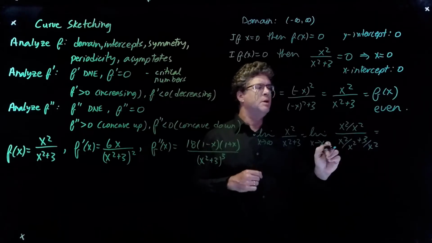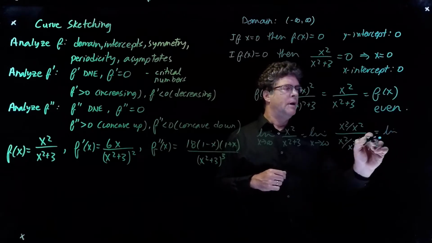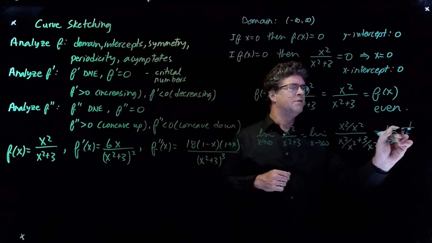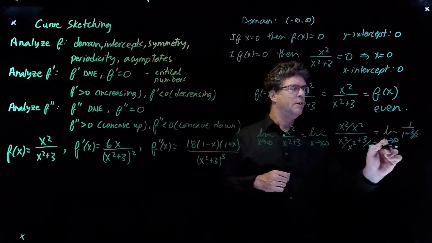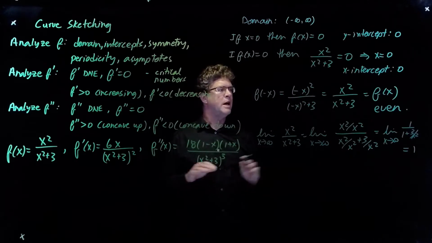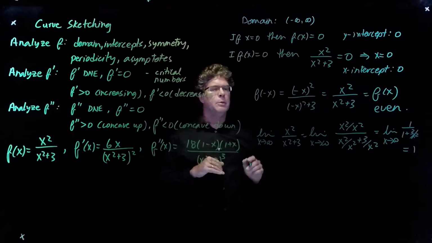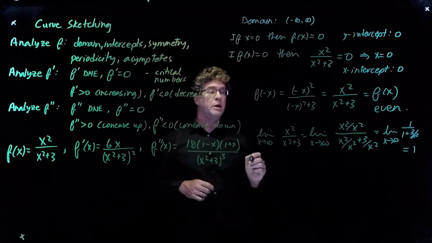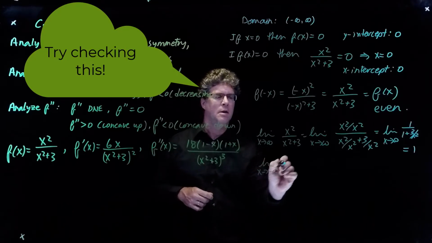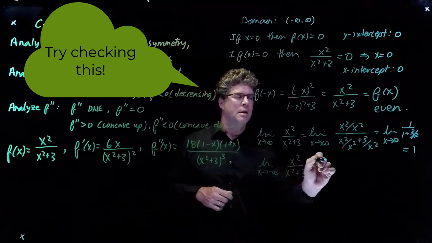And so this is going to be equal to the limit as x goes to infinity of 1 over 1 plus 3 over x squared, and that's going to be equal to 1. Okay, so we have a horizontal asymptote as x goes to infinity, that equals 1. And similarly, we can show that the limit as x goes to minus infinity of x squared over x squared plus 3 is equal to 1.